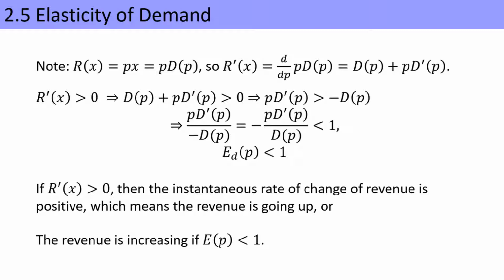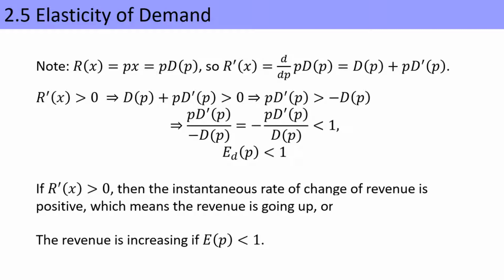Replacing the R prime of x with the product form, we would have D of P plus P times D prime of P is greater than 0. Let's subtract D of P from both sides. Then P times D prime of P is greater than negative D of P. We will divide by negative D of P on both sides.